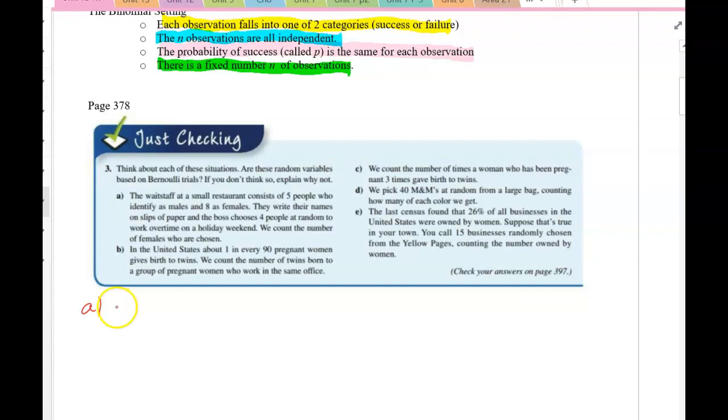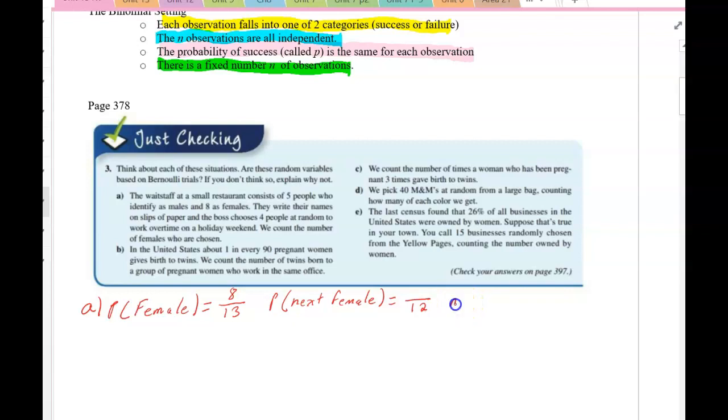So if we look at part A, the probability of picking a female on the first pick, there are 5 and 8 people, so there's a total of 13, and the chance of picking a female would be 8 out of 13. The probability that the next person is a female is going to change because we already picked a female, so it'll either be 8 out of 12 or 7 out of 12, depending on who was chosen first.